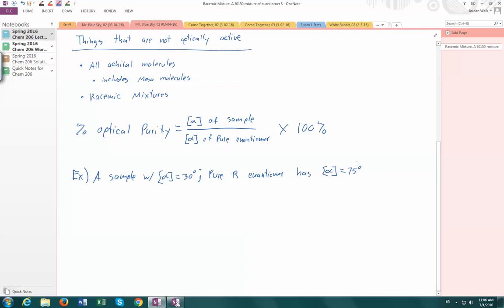Okay, so if we want to just figure out the optical purity, we can plug those numbers in, and so we end up with plus 30 degrees over plus 75 degrees times 100%, and so in describing the optical purity of our sample, we'd say that it is 40%.